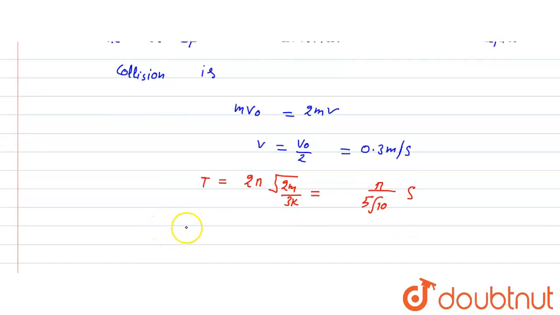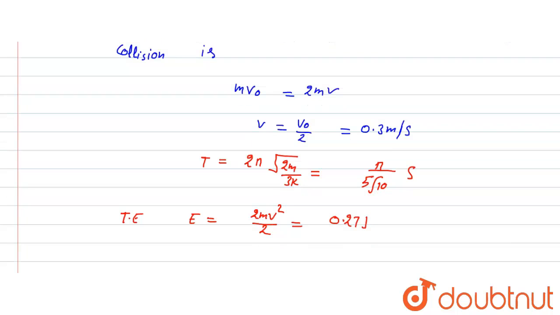Now the total energy of the system is equal to 2 m v square by 2, and here it is equal to 0.09 joule.